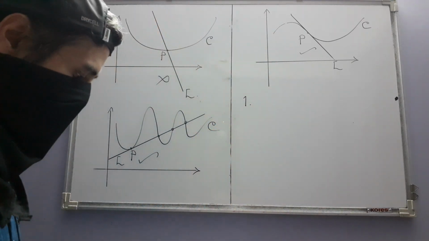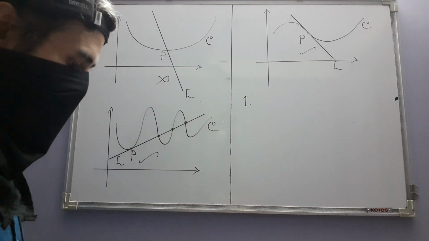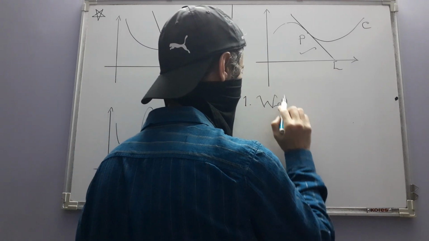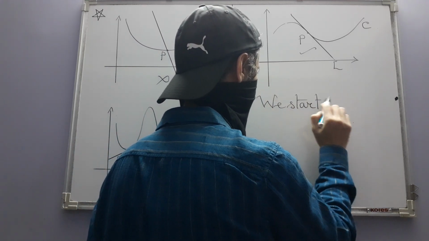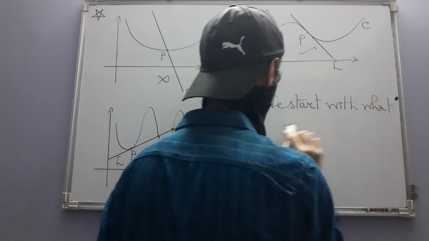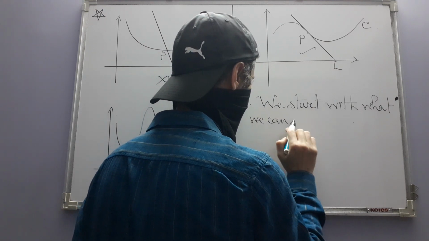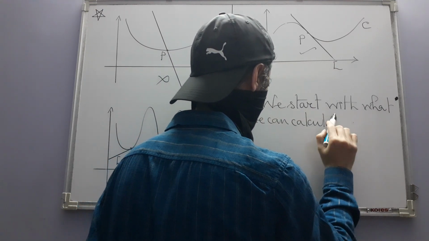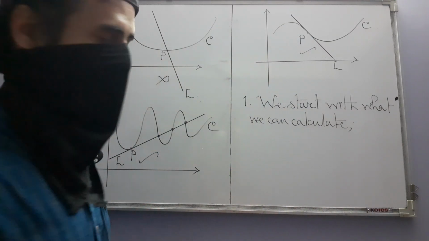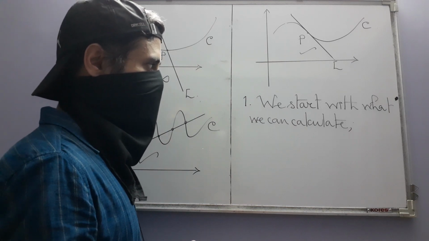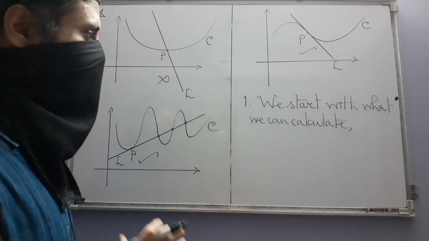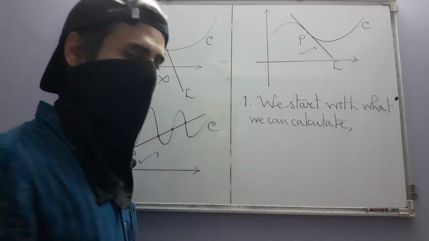So the first step, the authors write, we start with what we can calculate here. I don't want to change the language that the authors have chosen, because when you see the actual sentence that they have written in the book, that may have many hidden meanings.